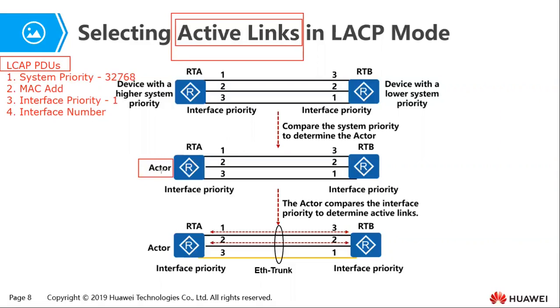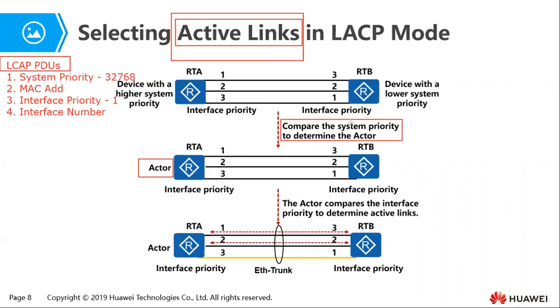Now, whoever becomes the actor is the one that has a lower value of the system priority. We've said that the default system priority is 32768.